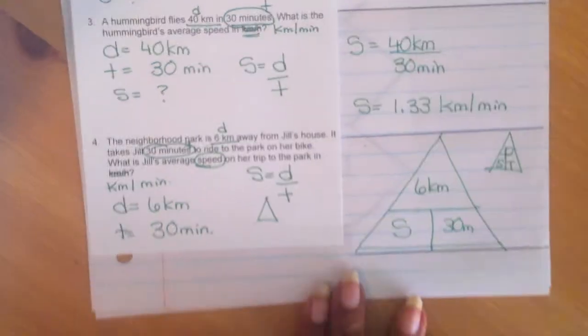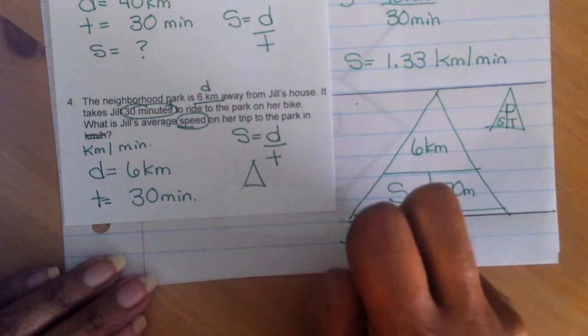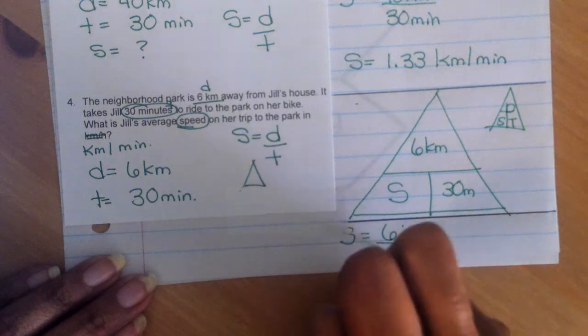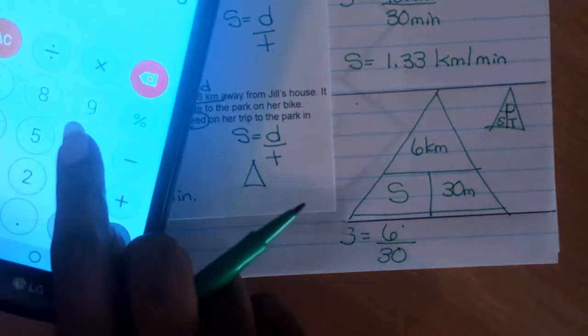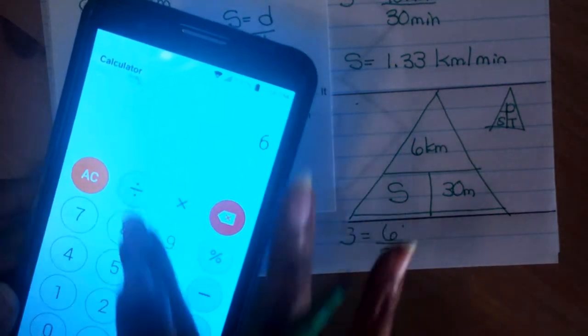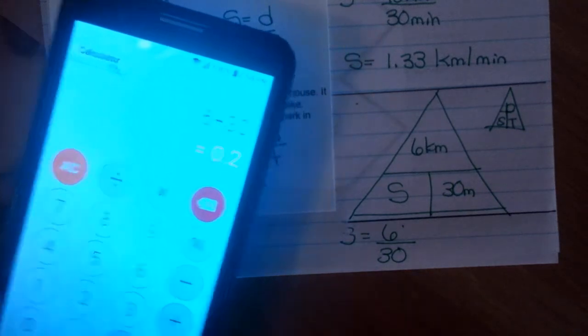Okay, and I have to go down to the bottom here. So our speed is going to be equal to 6 divided by 30. So I'm going to put that in here. 6 divided by 30, 0.20.